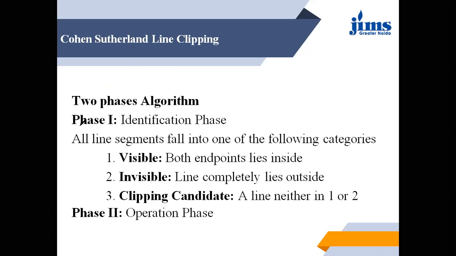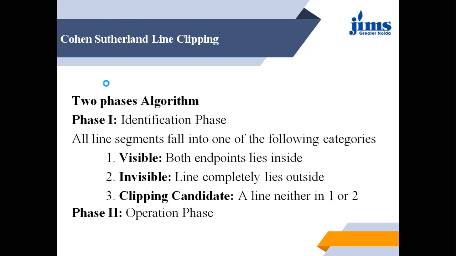Phase 1 is the identification phase, where we identify the visibility, invisibility, or clipping candidate, whereas in phase 2 we perform the clipping operation, or this is the operation phase. So first we will try to understand phase 1, that is the identification phase.